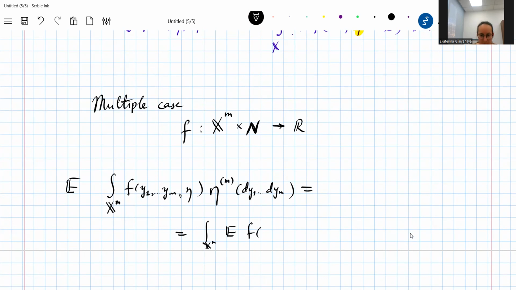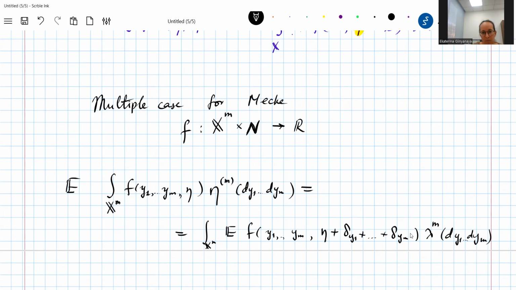So I write y1 to ym, and add to the point process eta these additional m points, and integrate with the usual power of the intensity measure, dy1 to dym. So this is the Mecke equation.